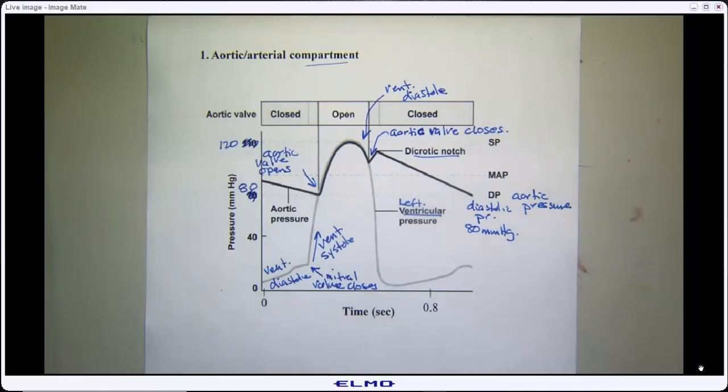And then when pressure in the left ventricle drops below pressure in that aorta, a little bit of volume will flow backwards to close. That's actually what's closing that valve.